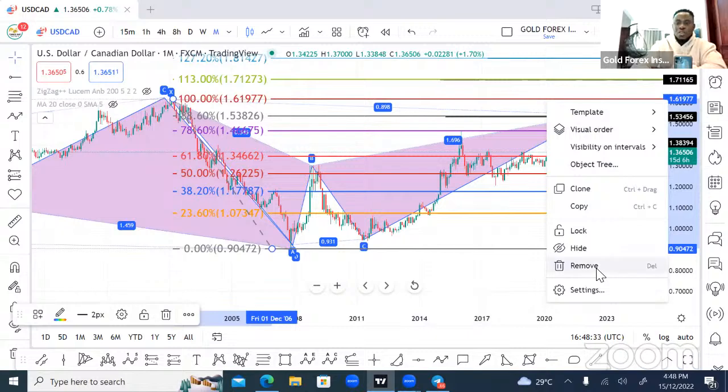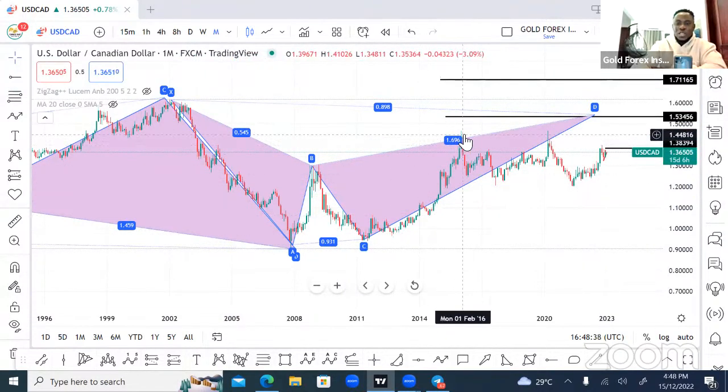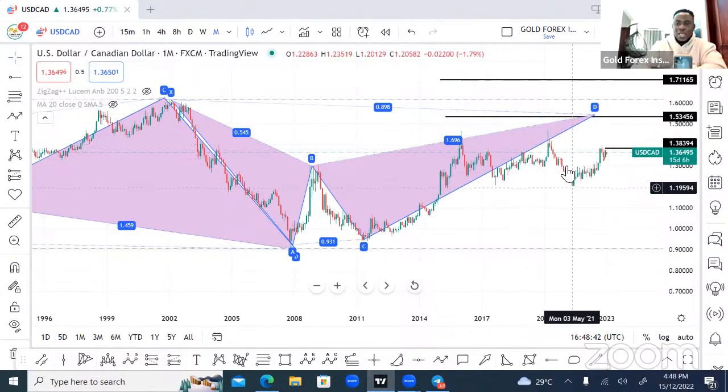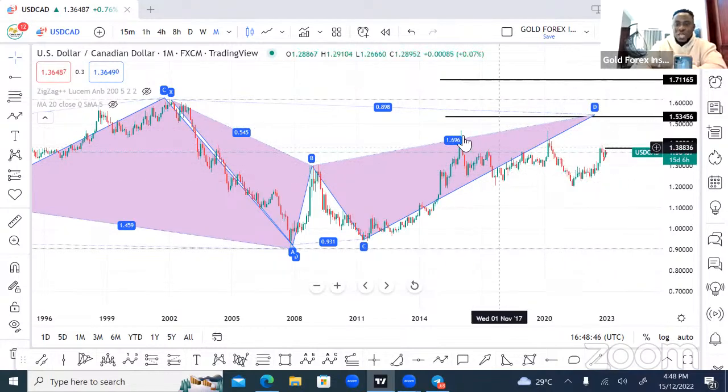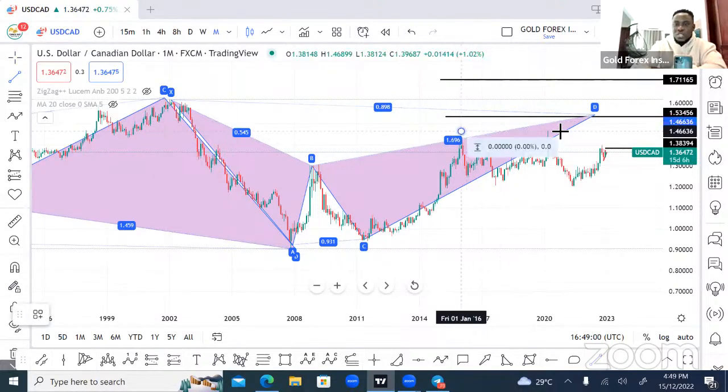Now, after this impulsive move, there was an ABC, and a kind of impulsive move over here. This is a typical flat correction. Is this an expanded flat? Let me check this one. Okay, so this is a regular flat correction because it did not cross.